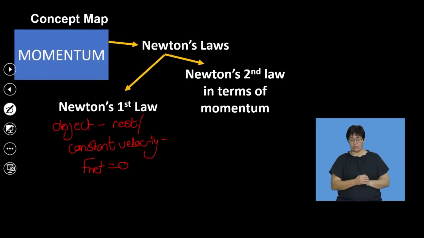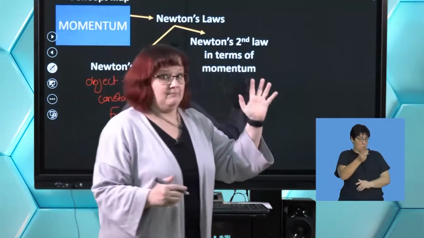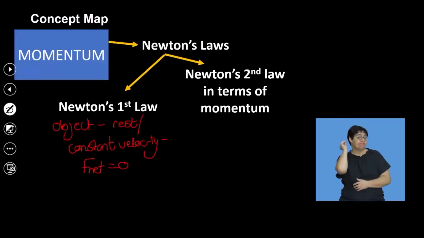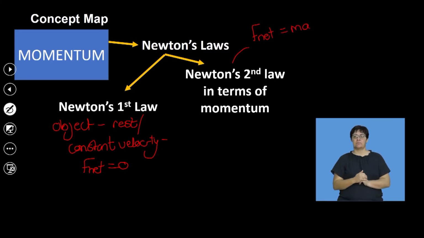Newton's second law, we're going to change it a little bit. We're going to look at it in terms of momentum, and this is going to be new. So you need to remember, when we did Newton's second law in previous studies, we went F net equals ma, okay?